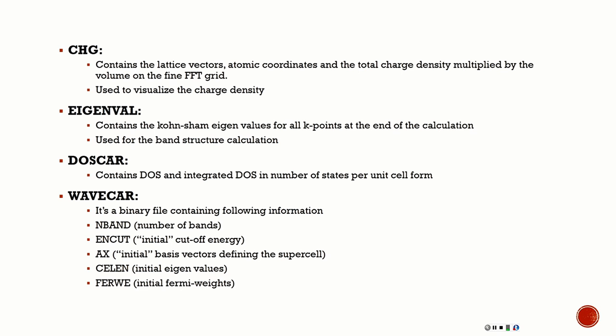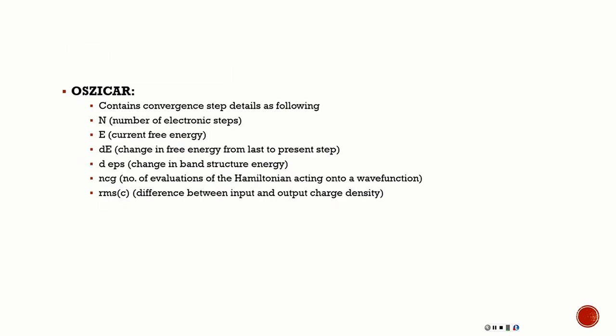That's a binary file. And after that, we have the OSZICAR file. This OSZICAR file basically contains the convergence information, like how many steps we need for the convergence. And suppose for one specific calculation, I am setting the NSW value 500 or NSW value 100. When you open the OSZICAR file, you will see the following information, and what those basically mean.